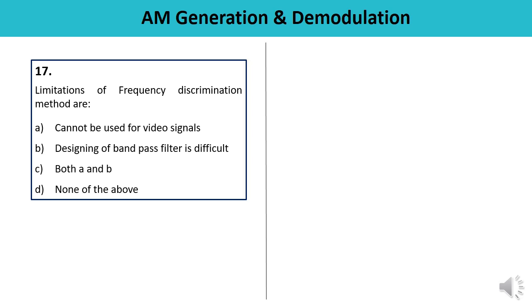That is very difficult if the carrier frequency is higher than the bandwidth of the baseband signal. It means the system is not useful for video communication purposes. So A and B both fulfill the situation, means the answer is C.